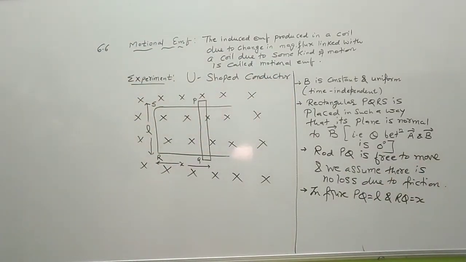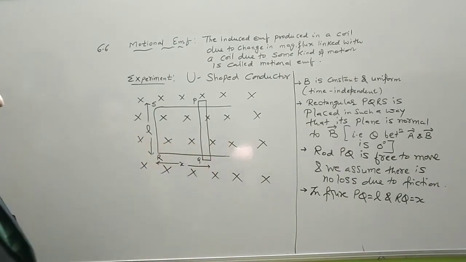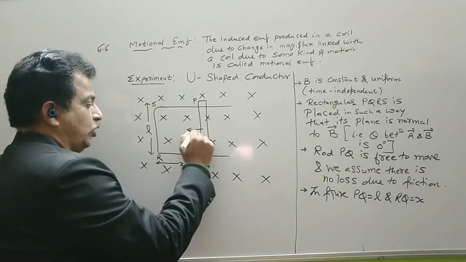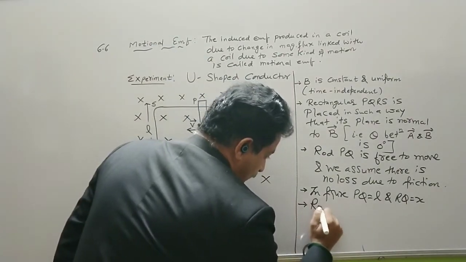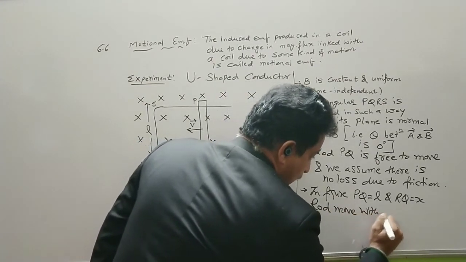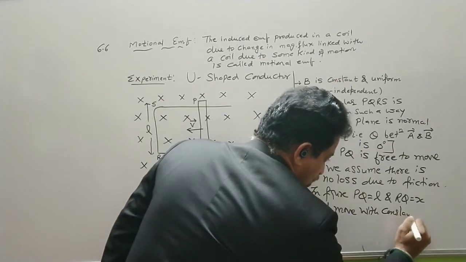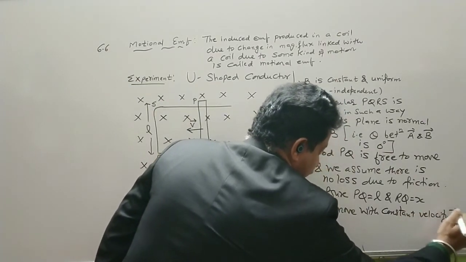See how the construction has been made. Now this rod is moved inside this magnetic field with a constant velocity V vector. So the rod moves with constant velocity.